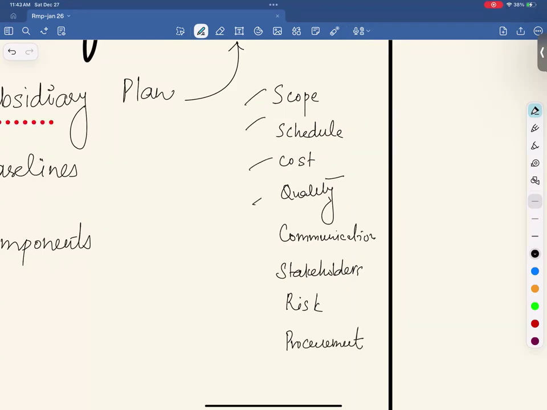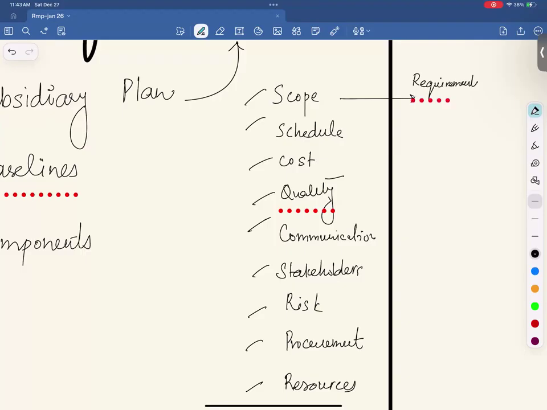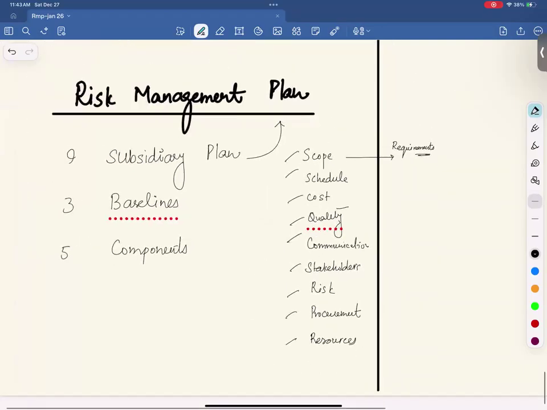All of these are your subsidiary plans, right? Scope is divided into 2 parts: requirements, so this includes the requirements management plan, because requirements are part of your scope, right? Requirements define your scope. So these are your subsidiary plans, and risk is one of the essential components of your project management plan.